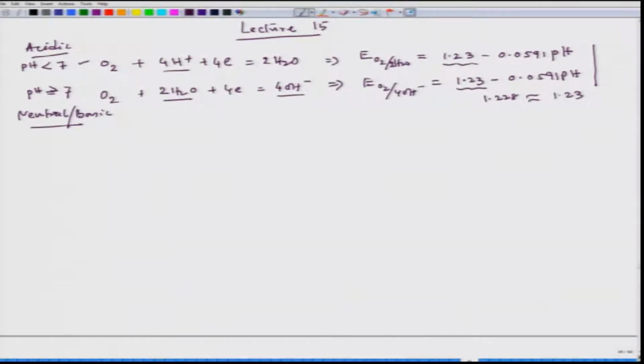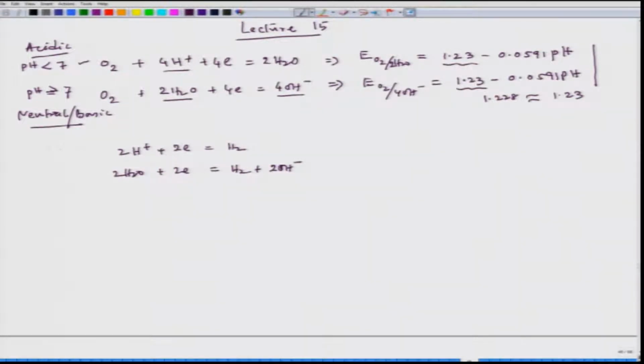Similarly, we had discussed 2 more reactions, which are 2H plus plus 2e equal to H2 as well as 2H2O plus 2e equal to H2 plus 2OH minus.